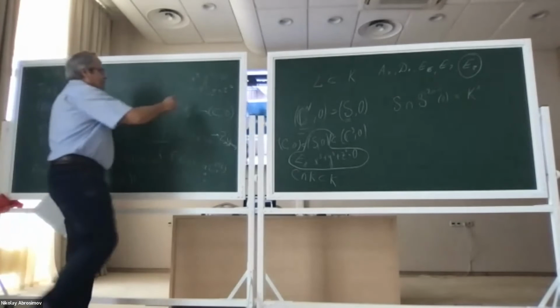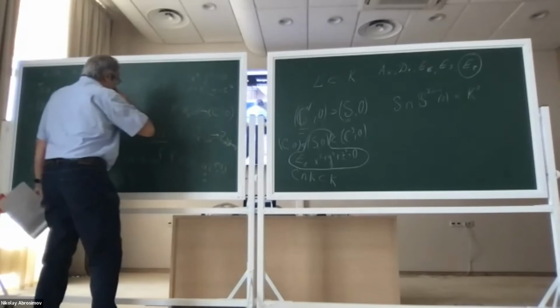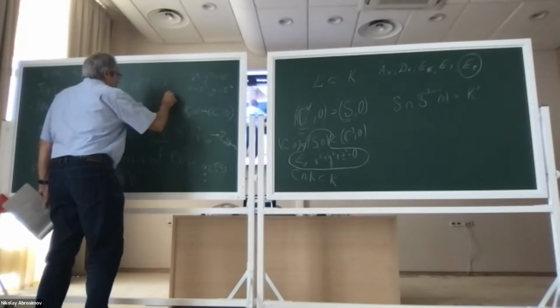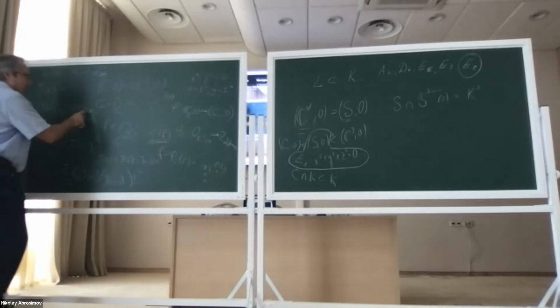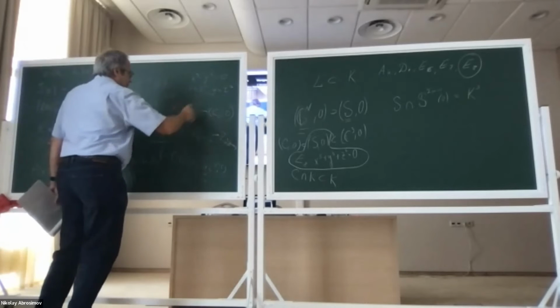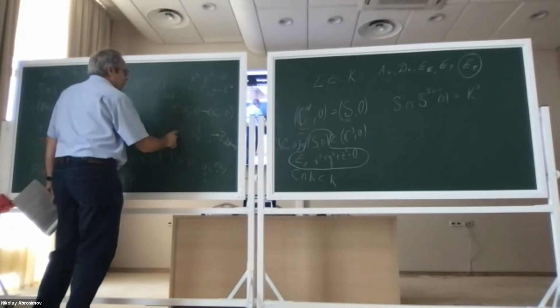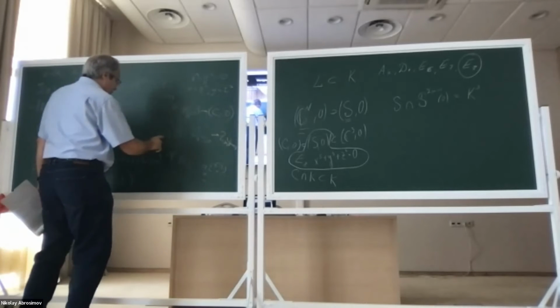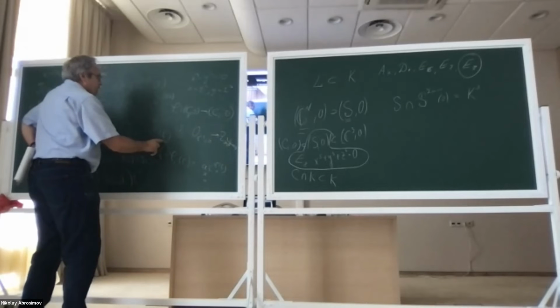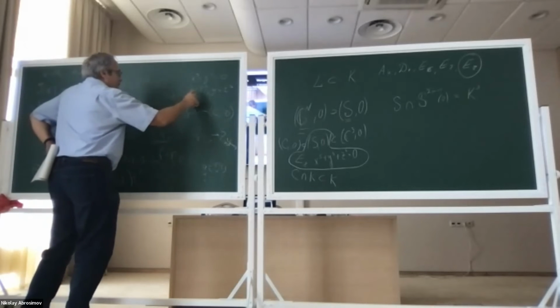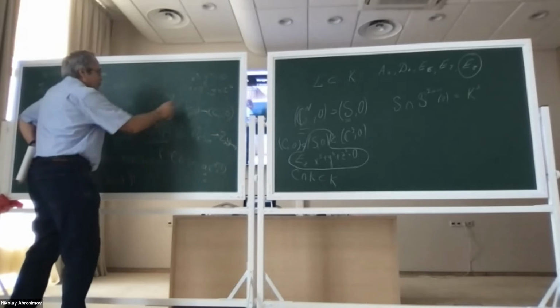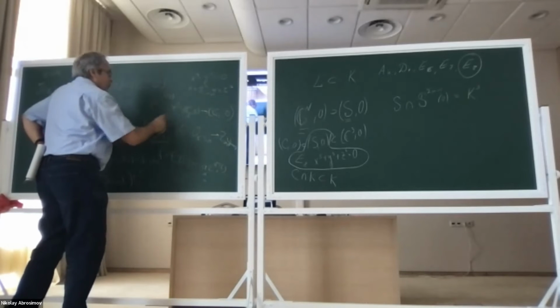For example, for this curve, you get the following. What is J0? There is only one valuation. How do you compute it? You take a function f of x, y, and instead of x you put tau squared, instead of y you put tau cubed.